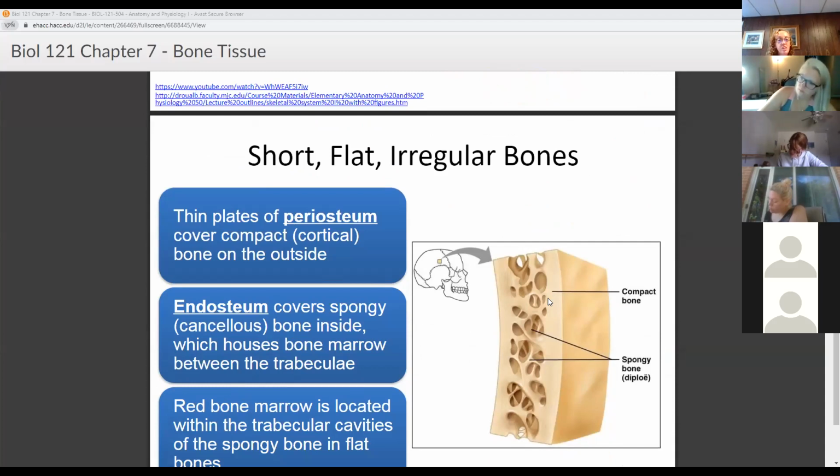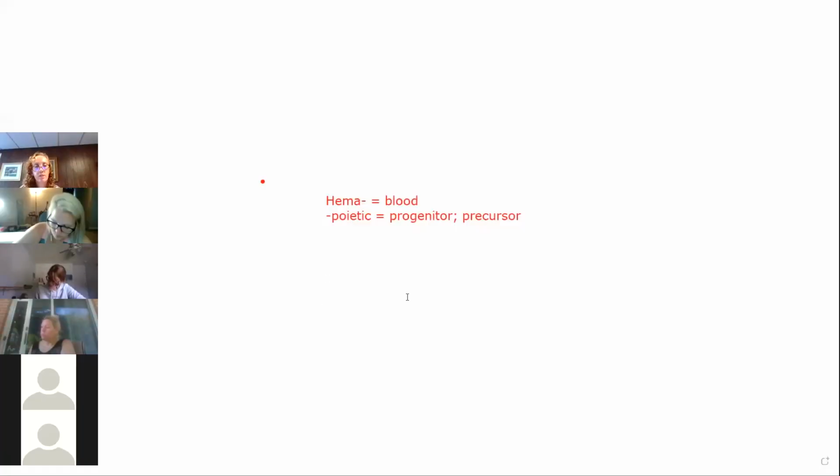All bones have an outer layer of periosteum. Osteum always means bone.